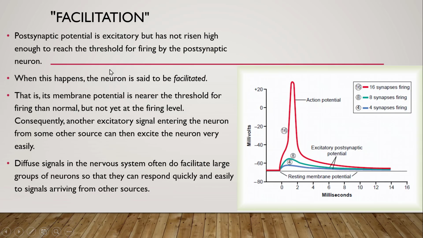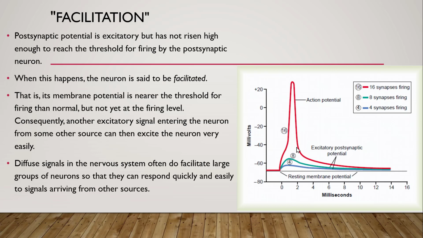Facilitation. Postsynaptic potential is excitatory but has not risen high enough to reach the threshold of firing by the postsynaptic neuron. Suppose here 4 neurons are activated and 4 synapses are firing, but this firing is not sufficient to create an action potential; in this condition it causes facilitation of the neuron.